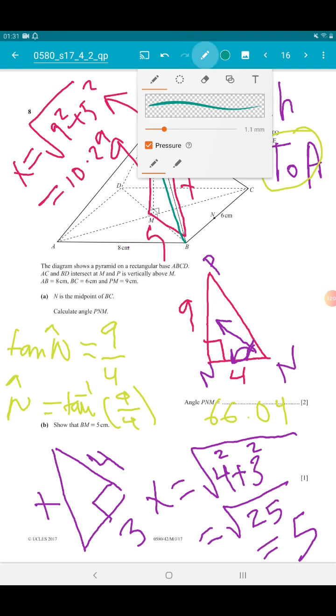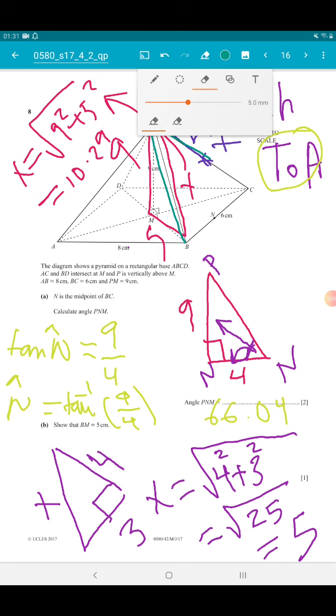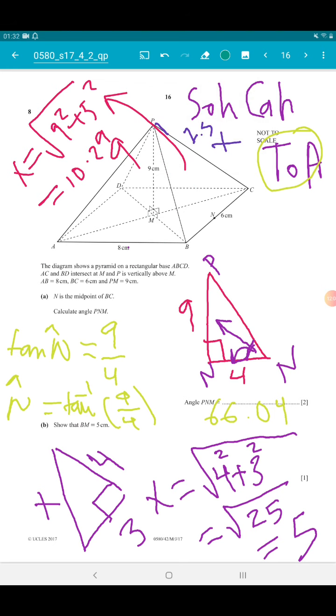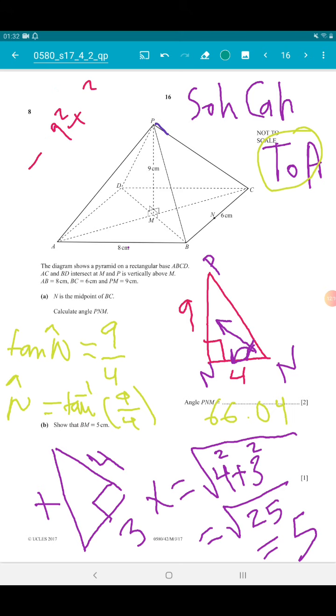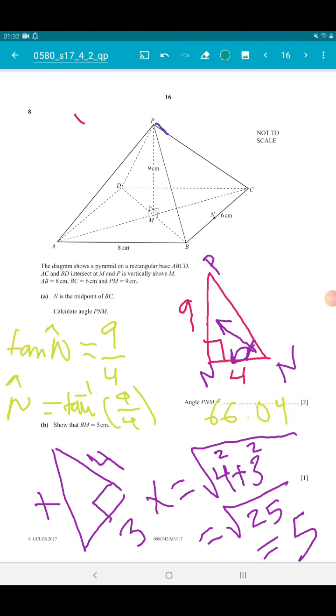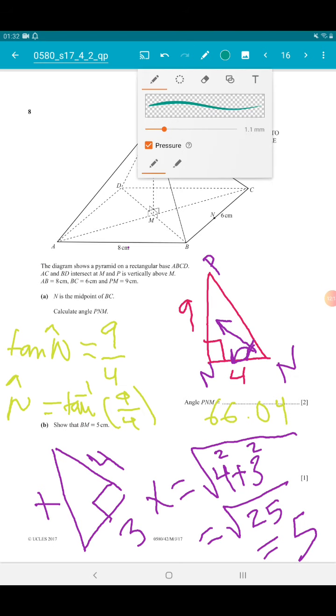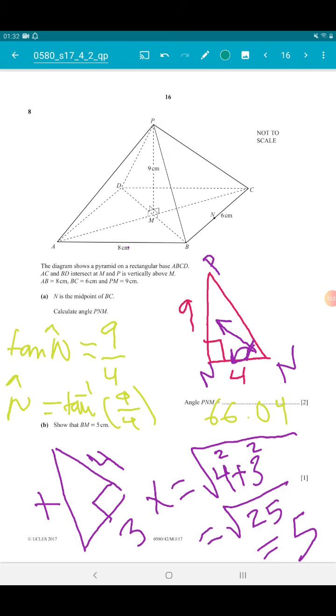Okay, I will erase the screen. This is the pen. So the next step, find this angle. Simply you can find it by dividing this triangle into two halves. This is a small right angle triangle.